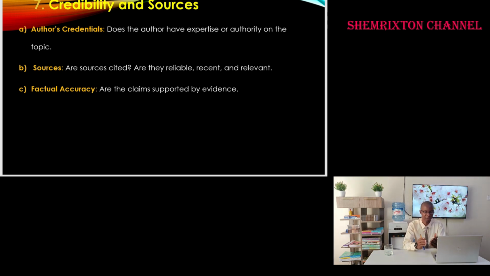And then the sources. Do we have use of research done? Or do we have the quotations? So are they reliable then? Is the information recent, or how relevant is that information? And then lastly is factual accuracy.